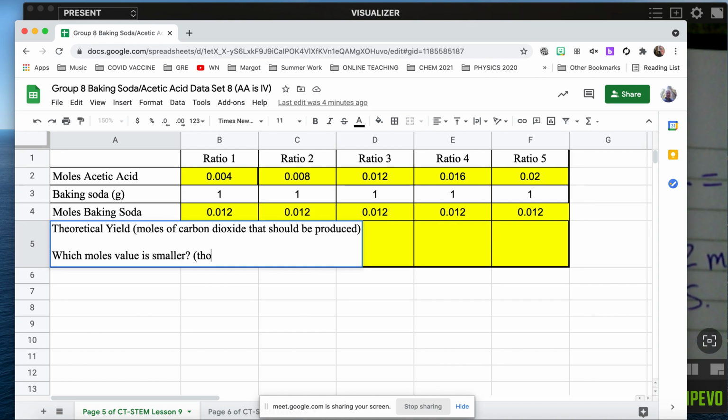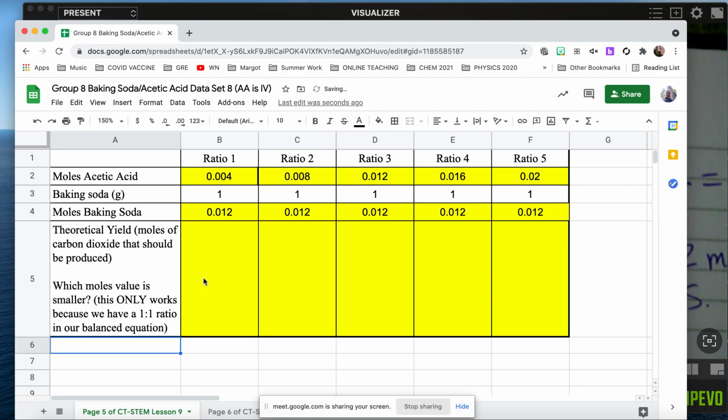And again, this only works because we have a 1-to-1 ratio in our balanced equation. We are looking at the moles of acetic acid and the moles of baking soda, and you are trying to sort out which one of those values is smaller.